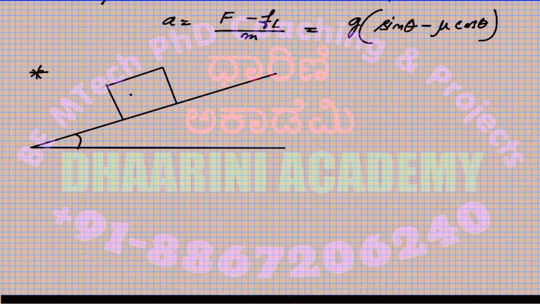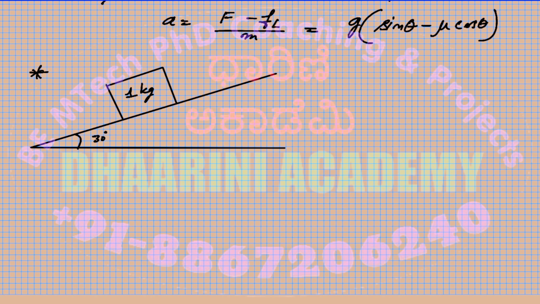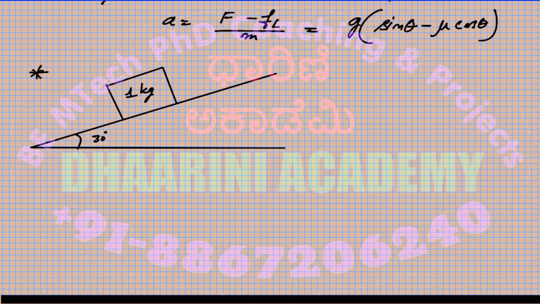The mass of the body is 1 kg and the inclination is given as 30 degrees. This particular mass is about to slip.